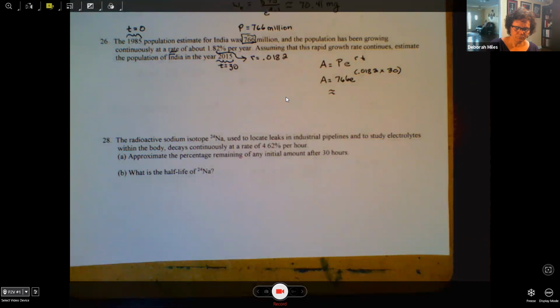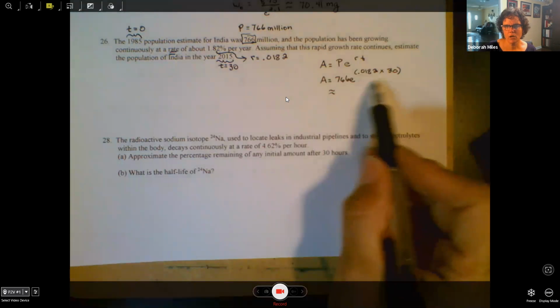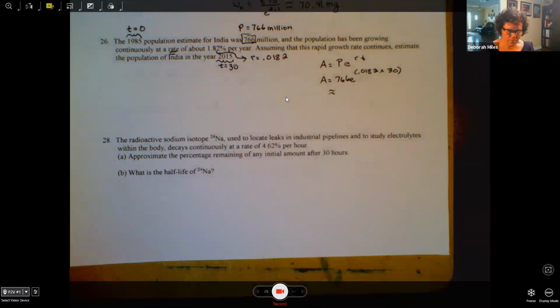So I have 0.0182 times 30, and I'm using the cursed backwards calculator. So I have to have that exponent on my screen before I hit my E button.